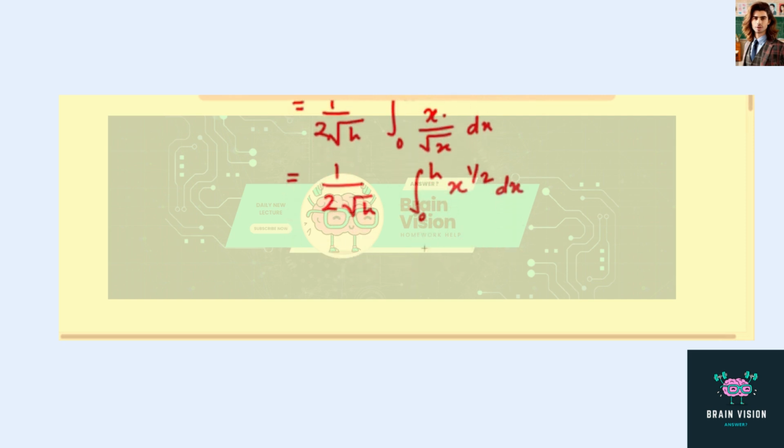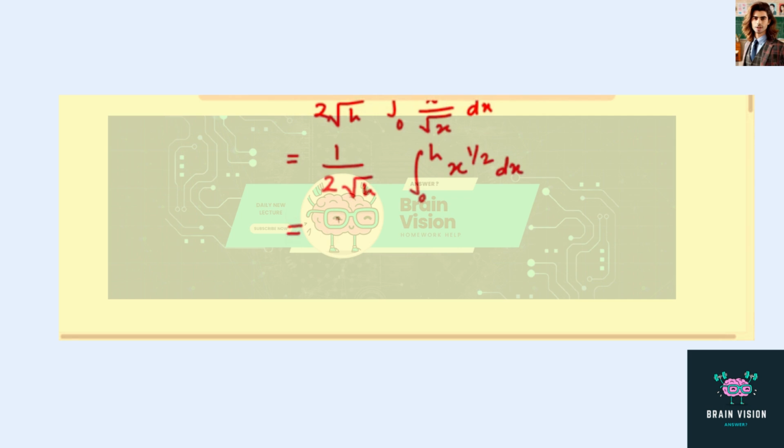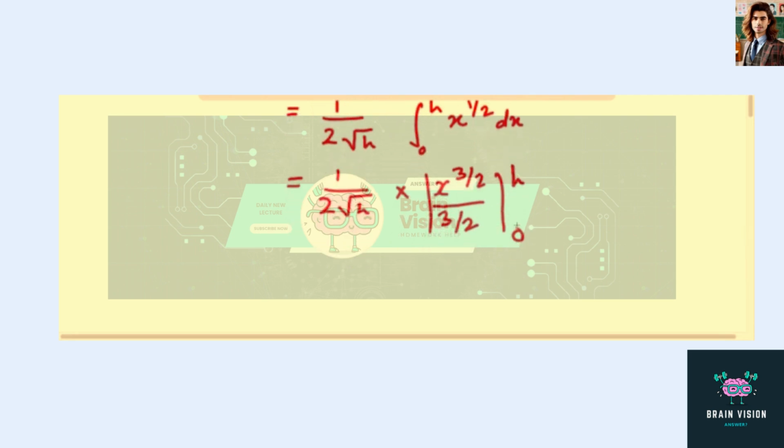And the integration of this is x power 3 by 2 divided by 3 by 2, and the integration limits are 0 to h.